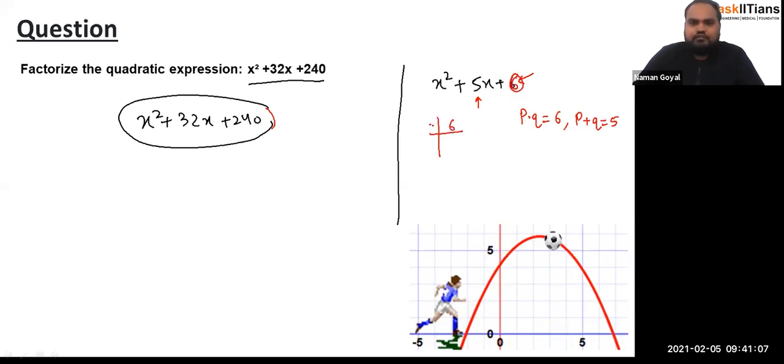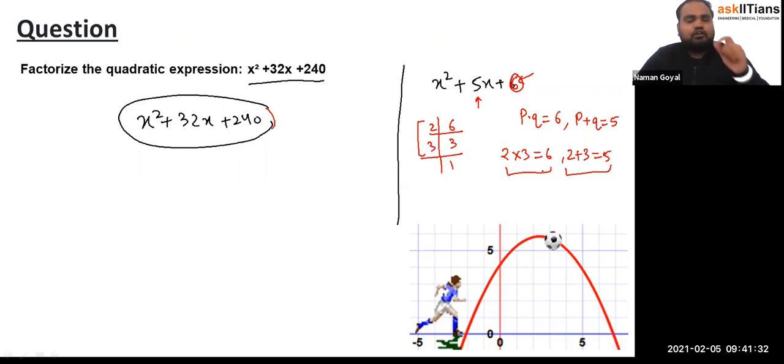Prime factorize 6, you get 2 and 3. The product of 2 and 3 is 6 and the sum is 5. So we got the two numbers.